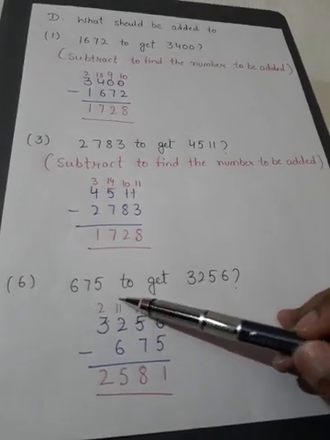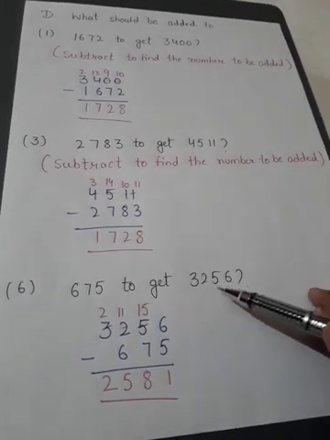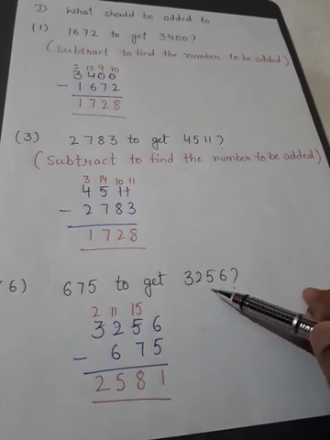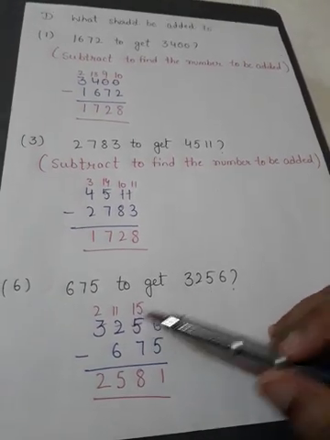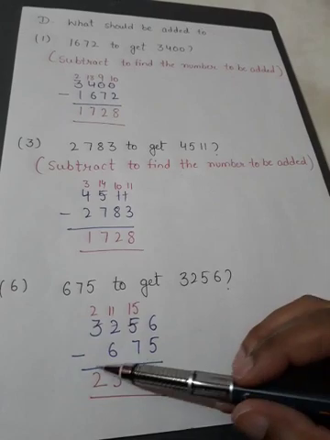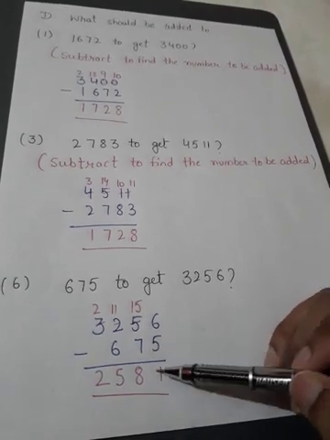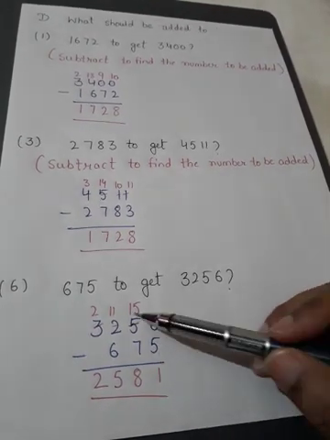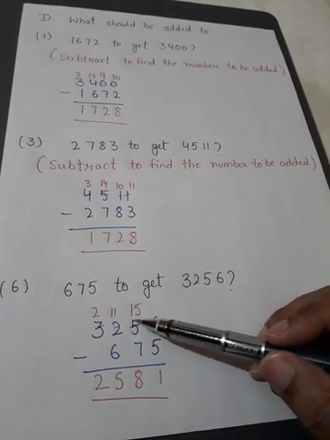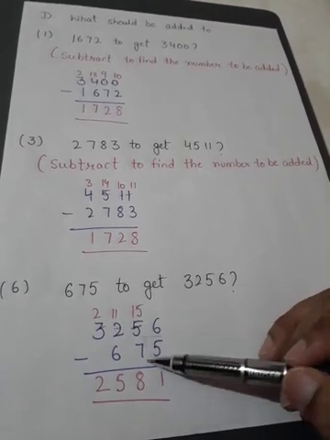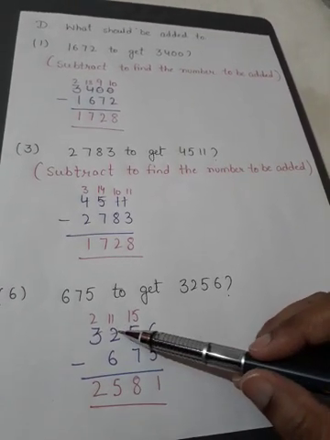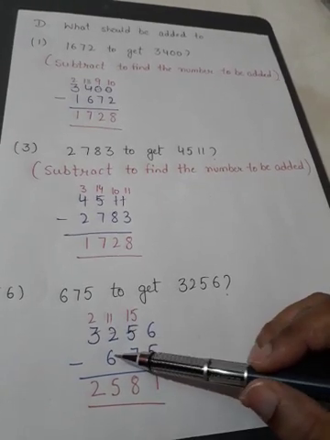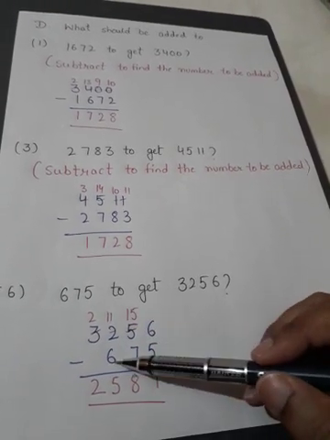Now look at the sixth part also. This is 675 to get 3256, right? So again we have to do the subtraction. 3256 minus 675. Now start subtraction. 6 minus 5 is 1. 5 cannot subtract 7, so take borrow from this 2. So this is 15 minus 7 is 8. Now here 1 left. So 1 cannot subtract 6, so take borrow. So this is 11 minus 6 is 5.